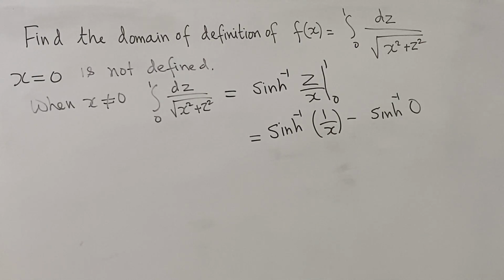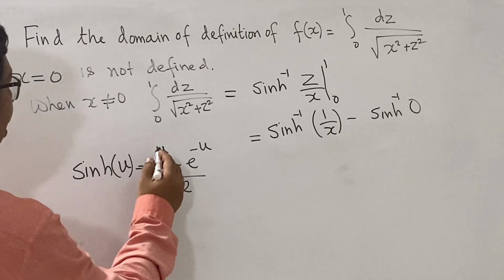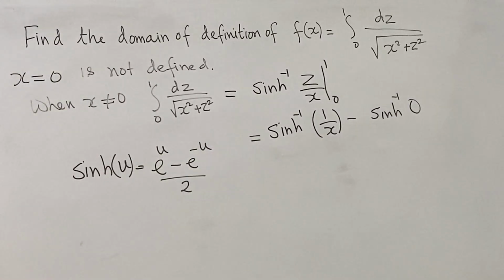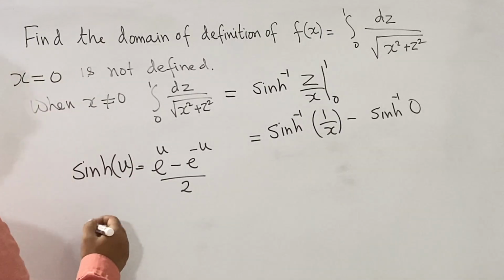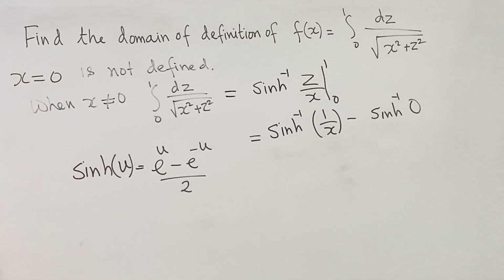Now both of these quantities are well defined. Recall that sinh u is (e to the u minus e to the minus u) by 2, and sinh u takes all values between minus infinity to plus infinity.